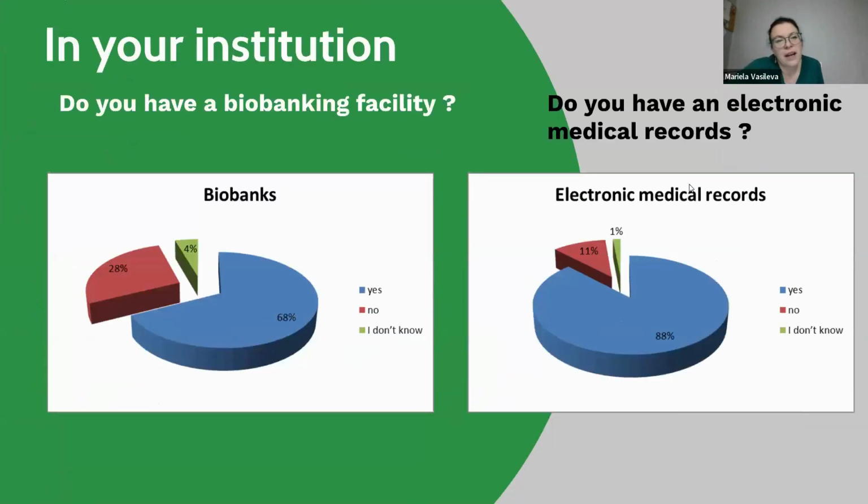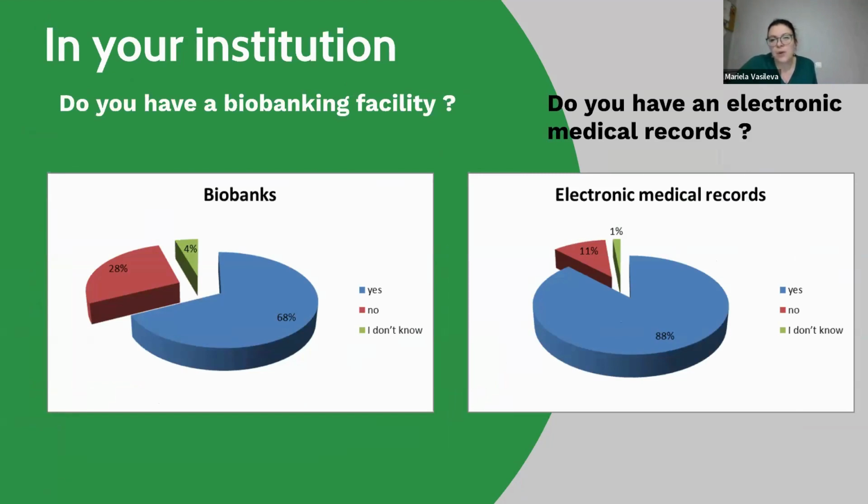Then we asked about the facilities in the institution where they work, and almost 70% again say that in their institution there is a biobank, and biobanking is very helpful for translational research. So it's very good that they have this.